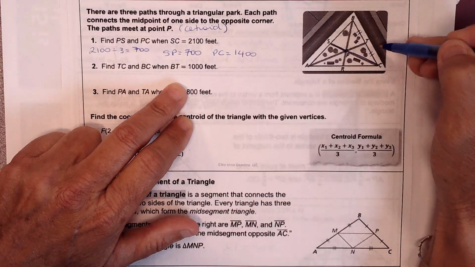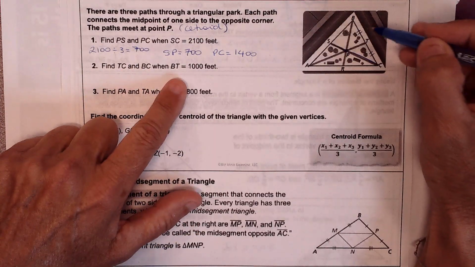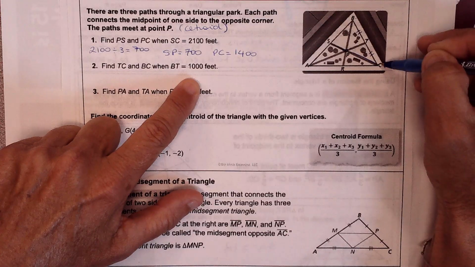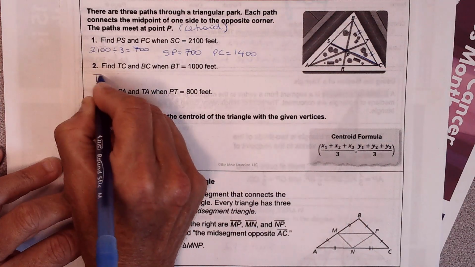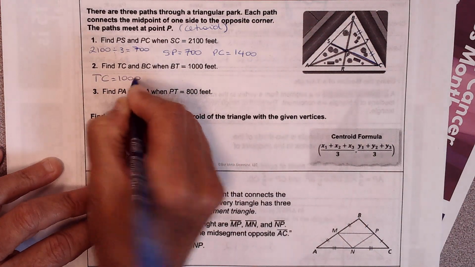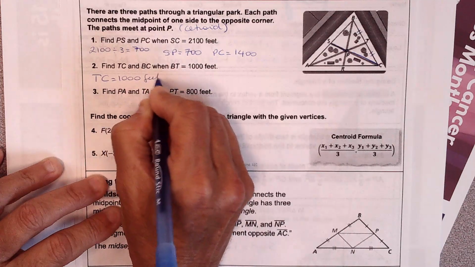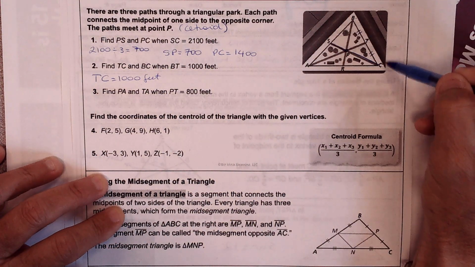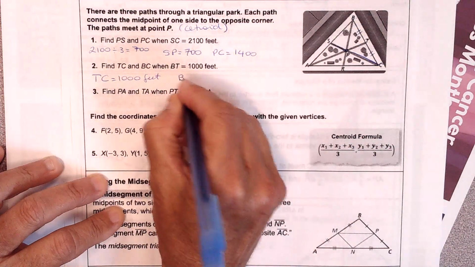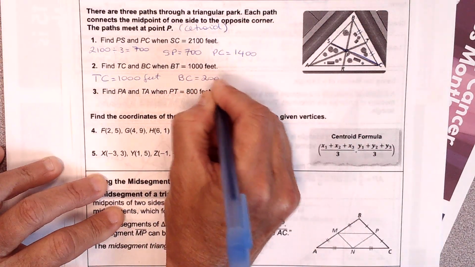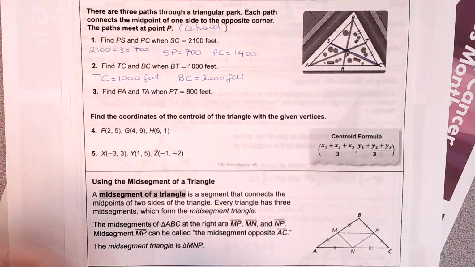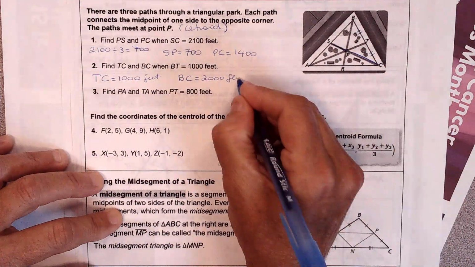So if BT is 1000, then TC is also going to be 1000 feet. And BC is the total, so that's going to be double that: 2000 feet.